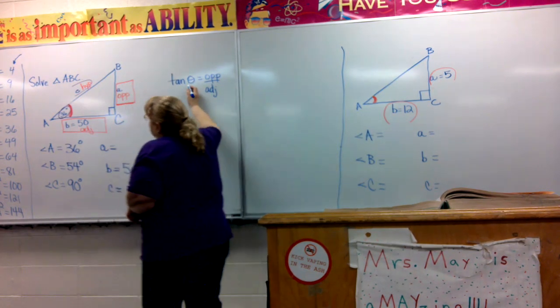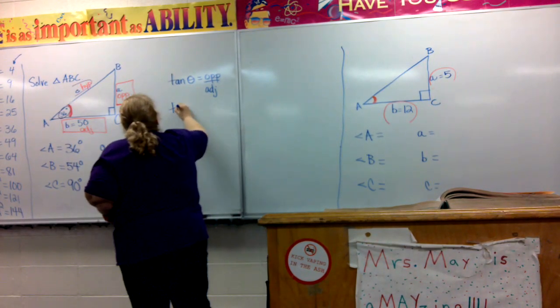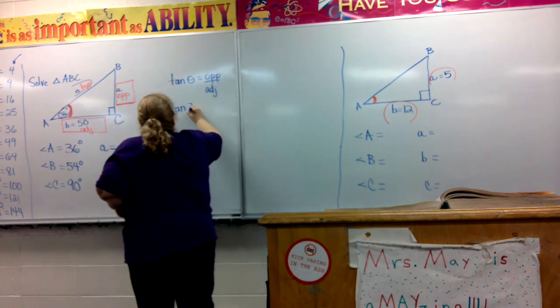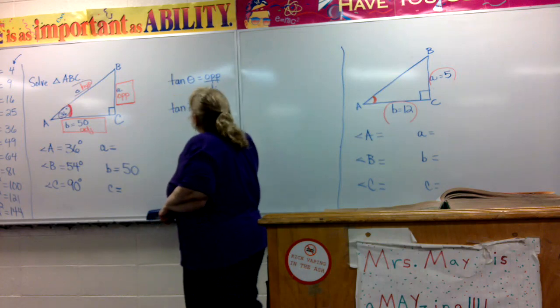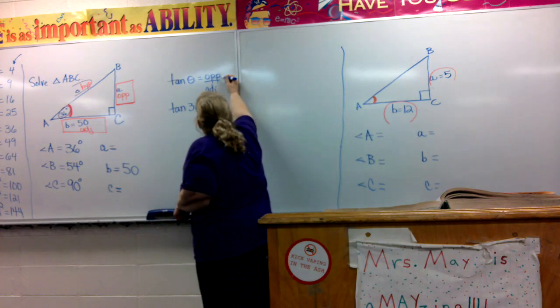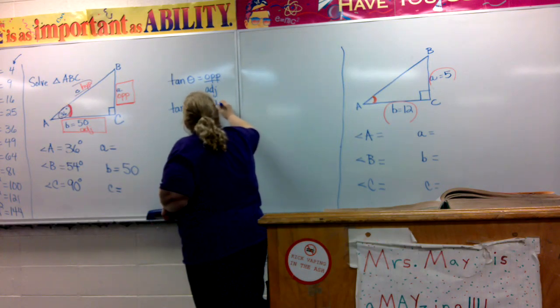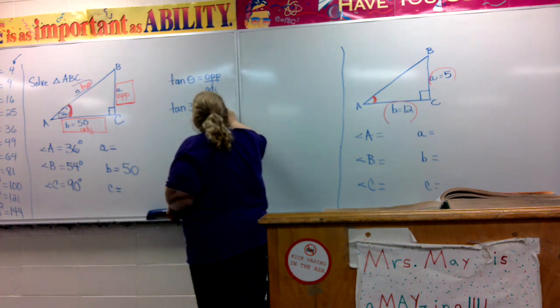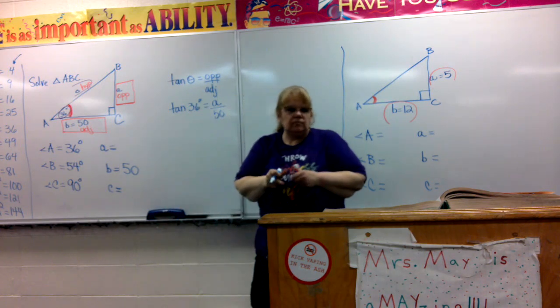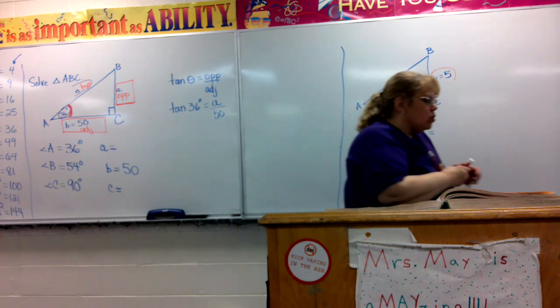Well, in this case, what's the angle that I'm looking at? 36 degrees. Tangent of 36 equals, what's the side opposite? A. What's the side adjacent? 50. And so now we're just going to work that out.